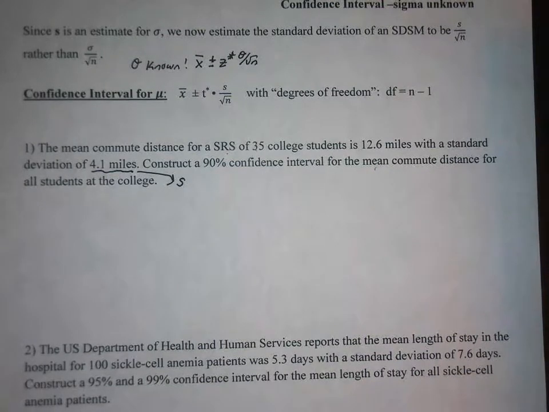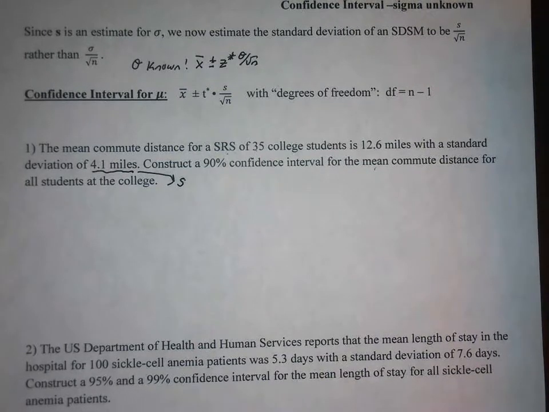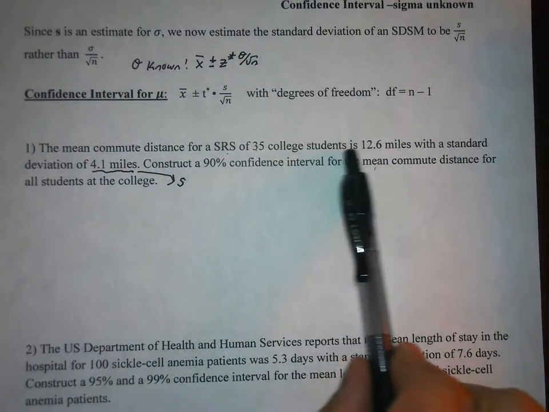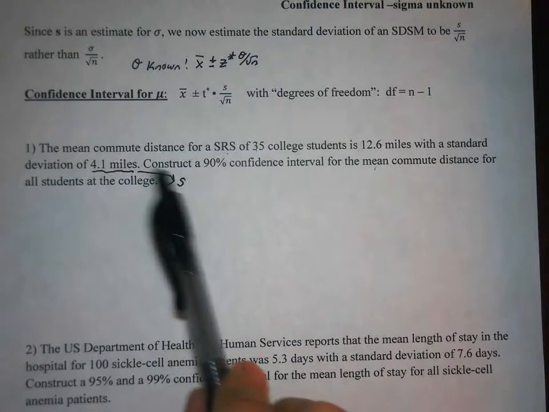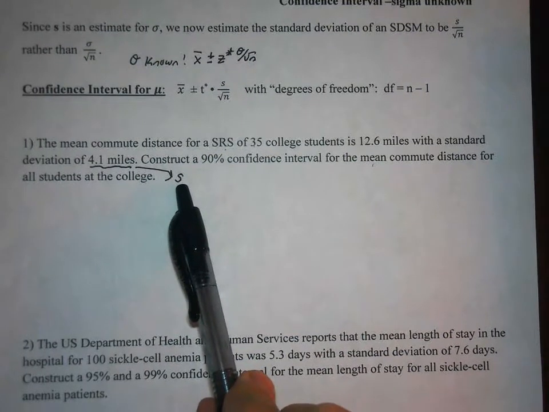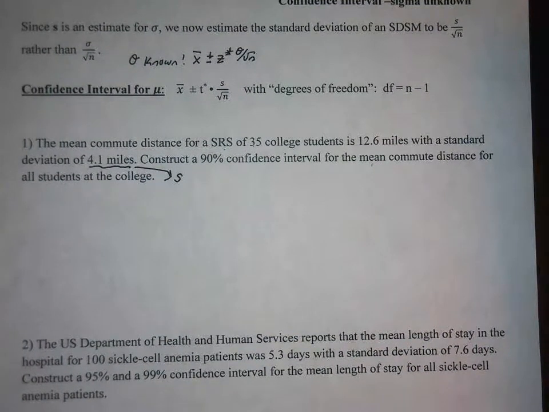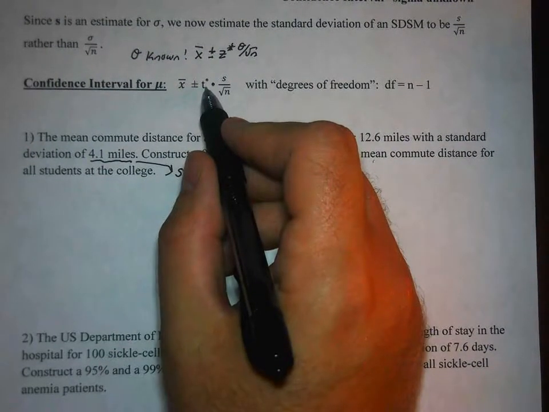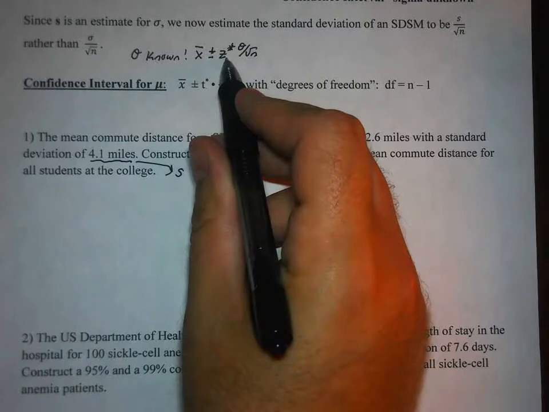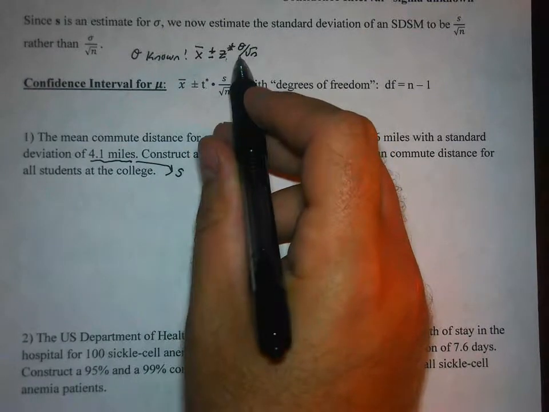Before, what they would have said would have been assume that sigma equals 4.1, or assume the population standard deviation is 4.1. Well now, because of the way this is worded, we're taking the fact that 4.1 miles is a sample standard deviation rather than a population standard deviation. Okay, so we're going to use the t star rather than the z star, and s instead of sigma.